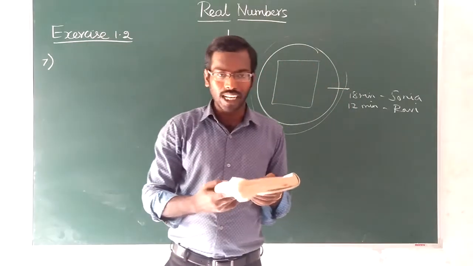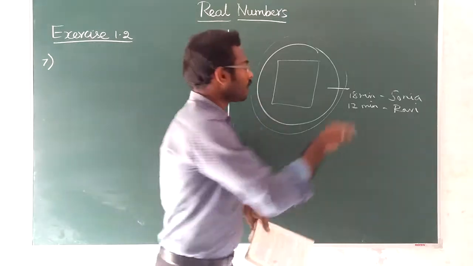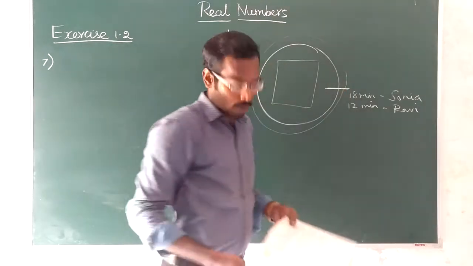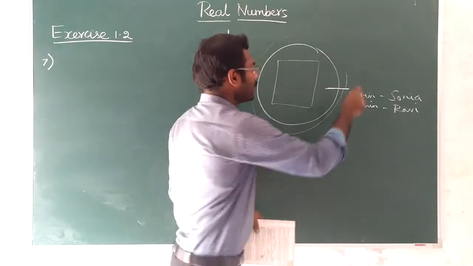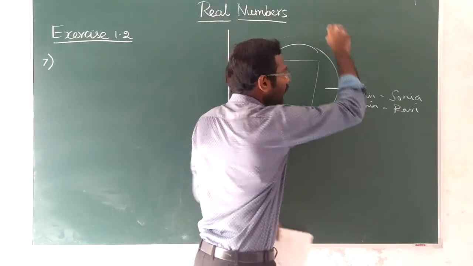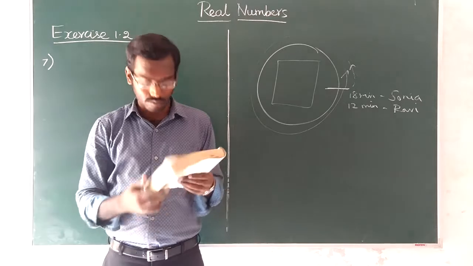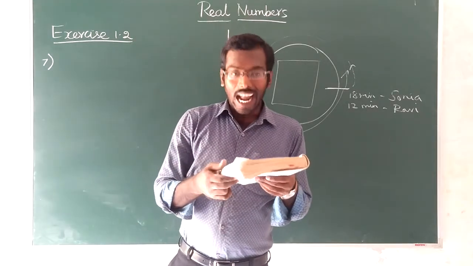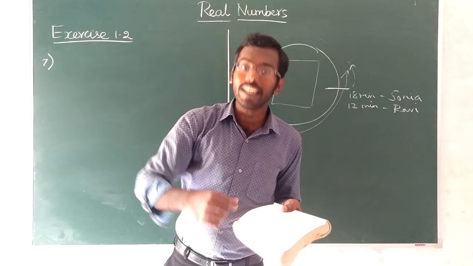So what you have to find? Suppose they both start at the same point. They both start at the same point at the same time and go in the same direction. Then after how many minutes will they meet again at the starting point?